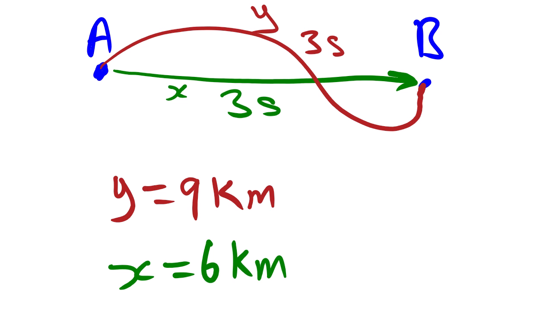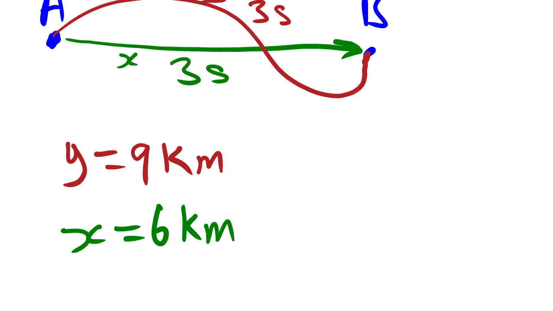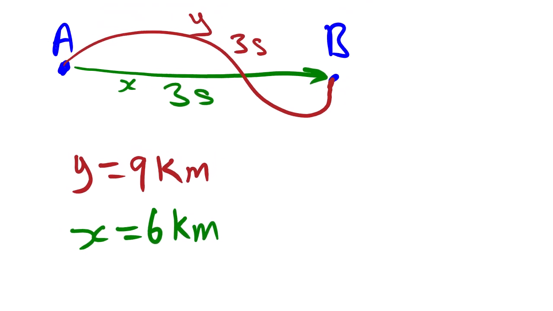Now let's calculate how fast these things move. Let's start with Y. Since we have the distance and the time spent, we can calculate velocity. Velocity, as we always say, is equal to distance over time.